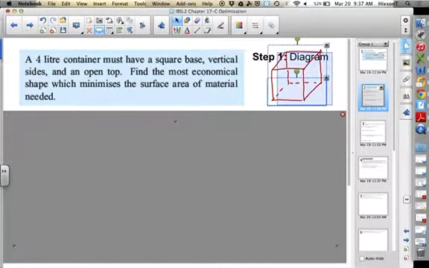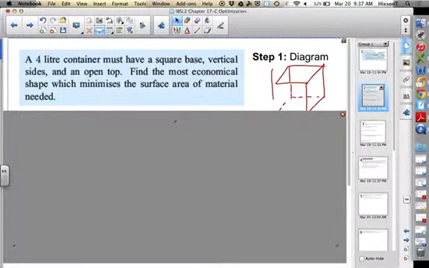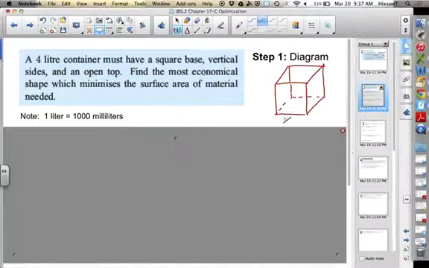Those of you artists, don't get caught up in trying to make your picture perfect. Just get a decent looking picture. Now, it says that we have a square base, so I'm actually going to label the sides of my base x. And then it says it has vertical sides, but I don't know how long those are either, so I'll have to use a y for now.